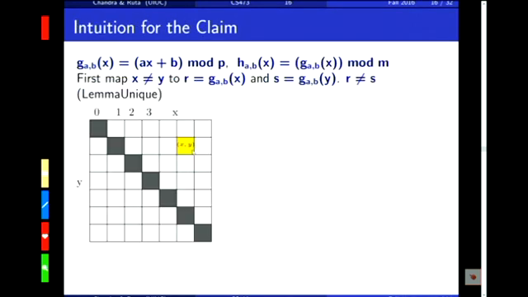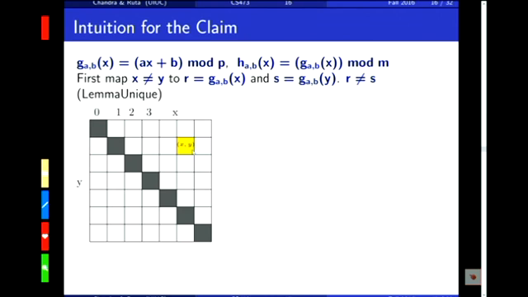Okay, so how are we going to do this? There are two mods we are doing in the function. Let's separate them first, okay? Because mod p has good properties when every number x and y you take is less than or equal to p minus 1. So let's define the function g, which is ax plus b mod p.